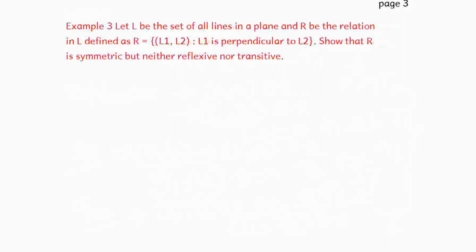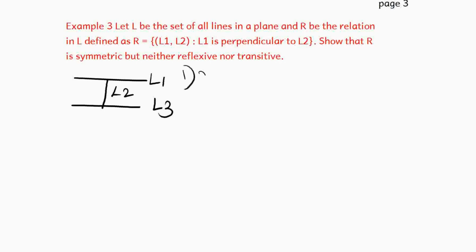Third example, let L be the set of all lines in the plane and R be the relation in L defined as R equal to (L1, L2) where L1 is perpendicular to L2. Show that R is symmetric but neither reflexive nor transitive. So first condition is to prove it is reflexive.